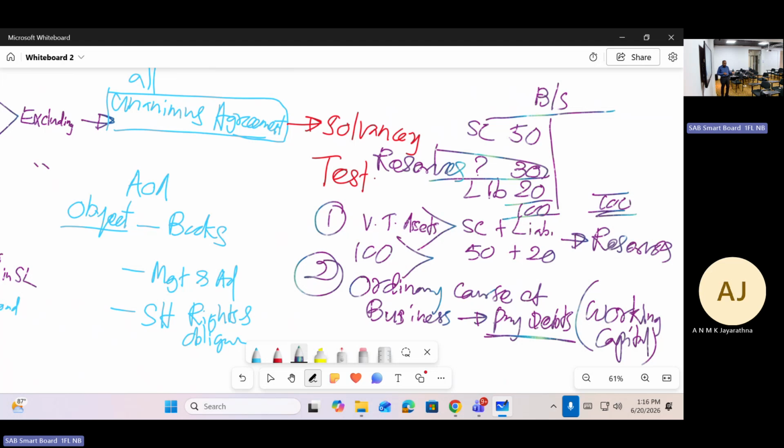Second one is total assets, like the value of the total assets is greater than stated capital and liabilities, which refers to reserves. We have to check whether the company has working capital and reserves. If these two conditions are fulfilled, the company is able to meet the solvency test. Right, so very interesting. Understood. Right, so that is in regard to the private companies.